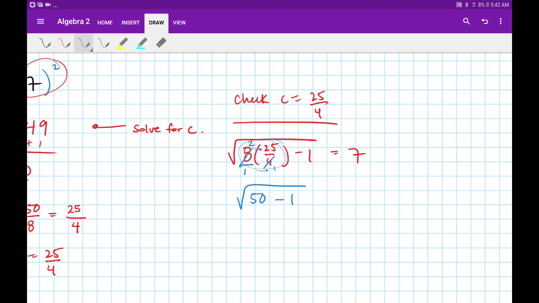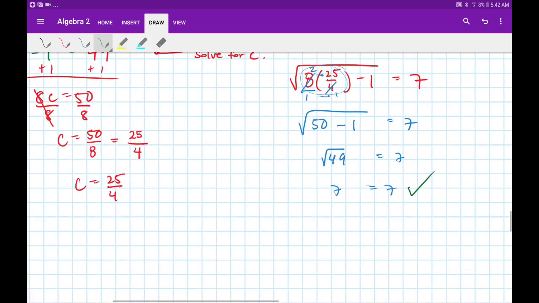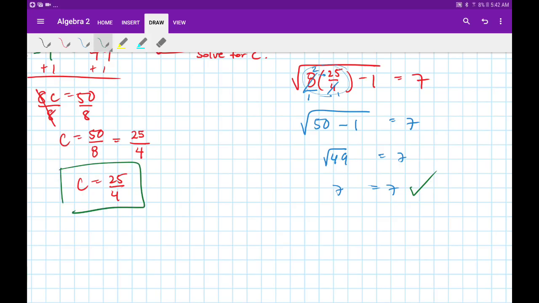Minus 1 goes under square root. Next, this 50 minus 1 is the square root of 49, which is 7. And so since this is a true statement, we put a check mark by it. But our answer is not 7. Our answer was 25 over 4. We checked it. It's a valid solution.